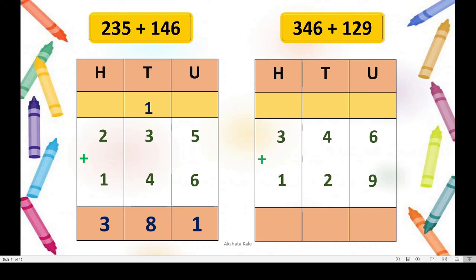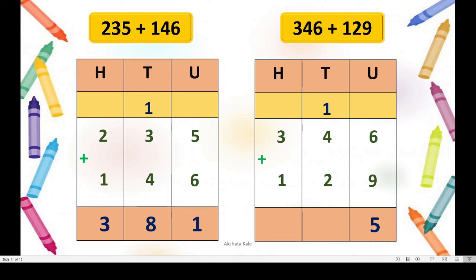Now we will do addition now. In the units place, 6 plus 9. How much? 15, isn't it? So 5 I will write here and 1 will write in the tens column. Now here in the tens column 3 numbers are there.